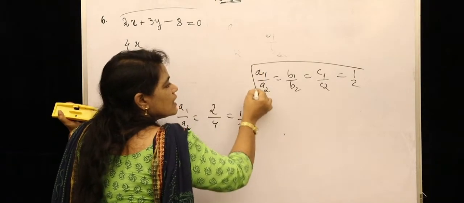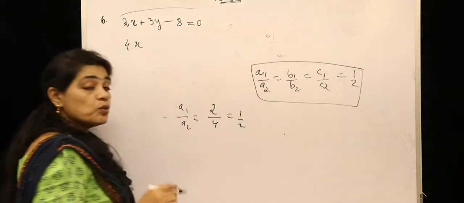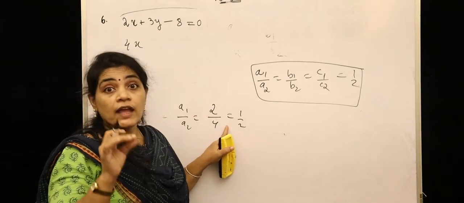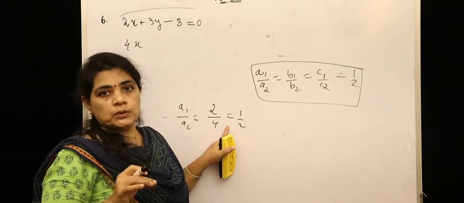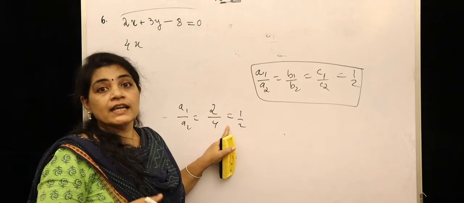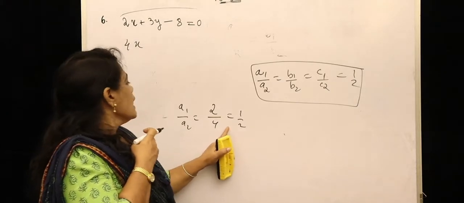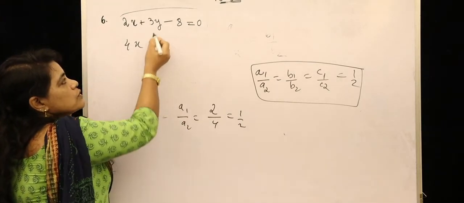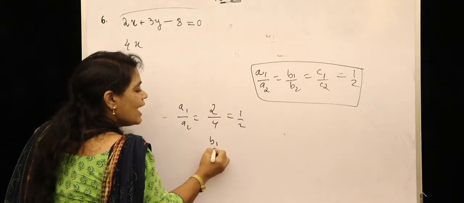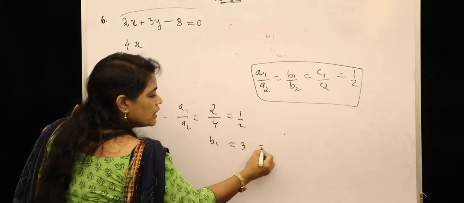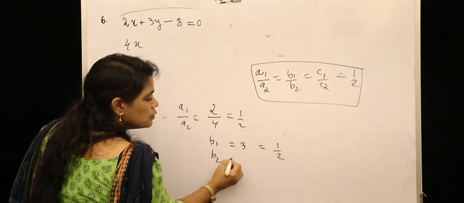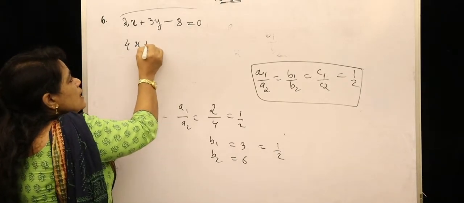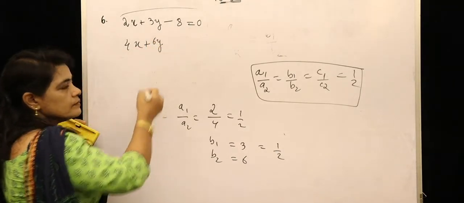I fixed this ratio first as 1 by 2 so that you can easily write down the values of A2, B2, C2. A1, B1, C1 are already given in the equation. Then B1 by B2: we have B1 as 3, so in order to get 1 by 2, B2 must be 6. That means I am taking plus 6y.